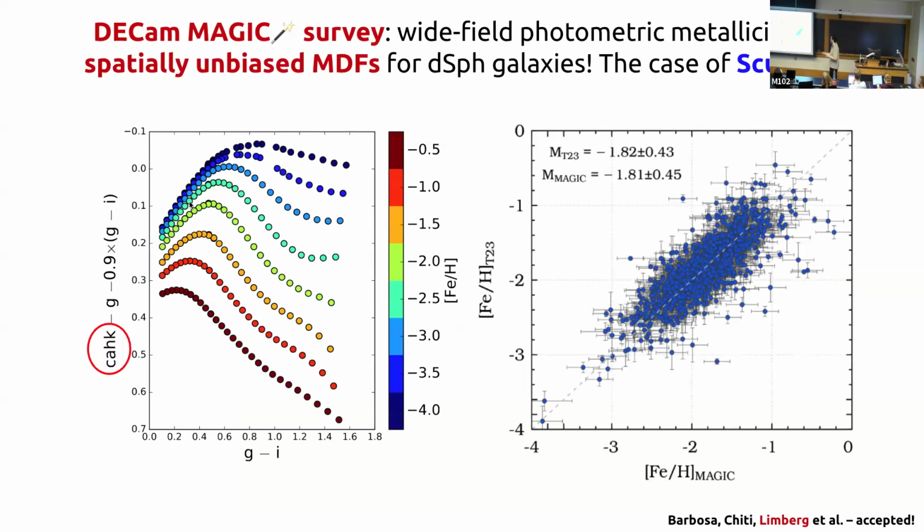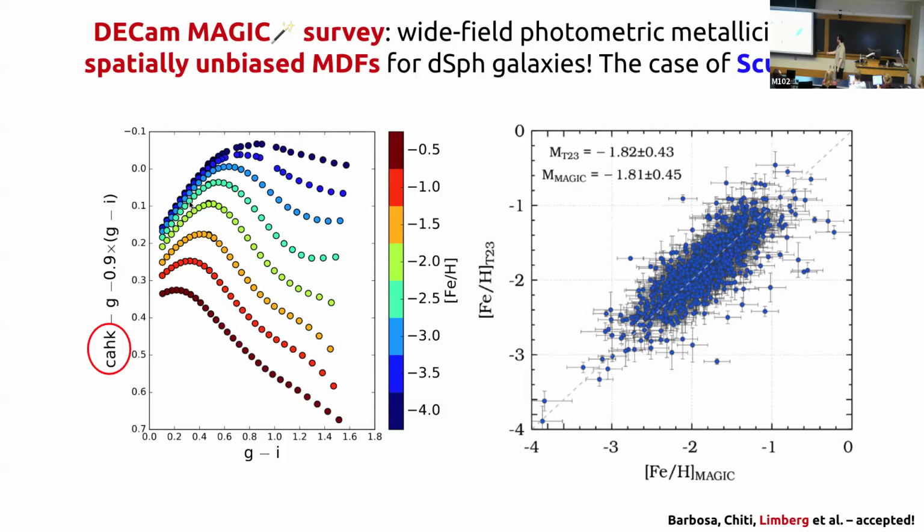This plot on the left is just a color plot. The horizontal axis shows G minus I color, which you can think of as directly related to the temperature of your stars. In the vertical axis, you have some bizarre color combination that includes the photometry from this calcium H and K band that we are getting with the MAGIC survey.